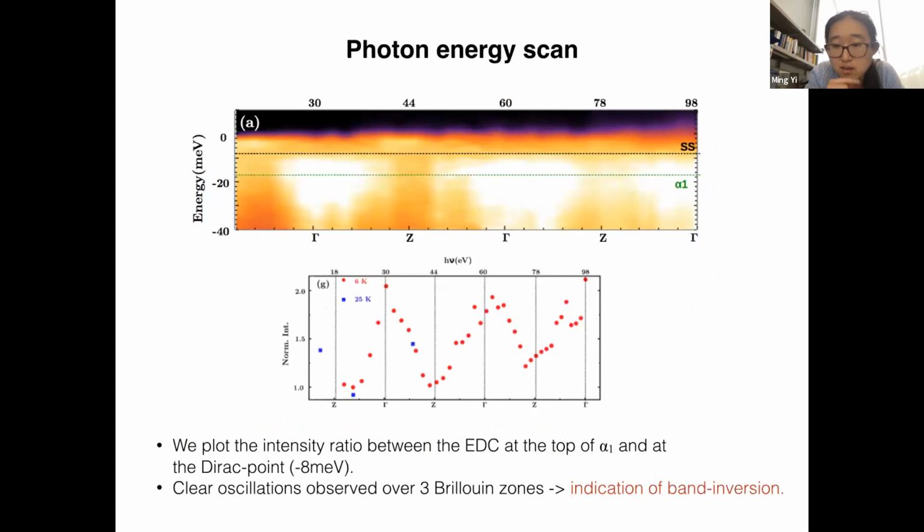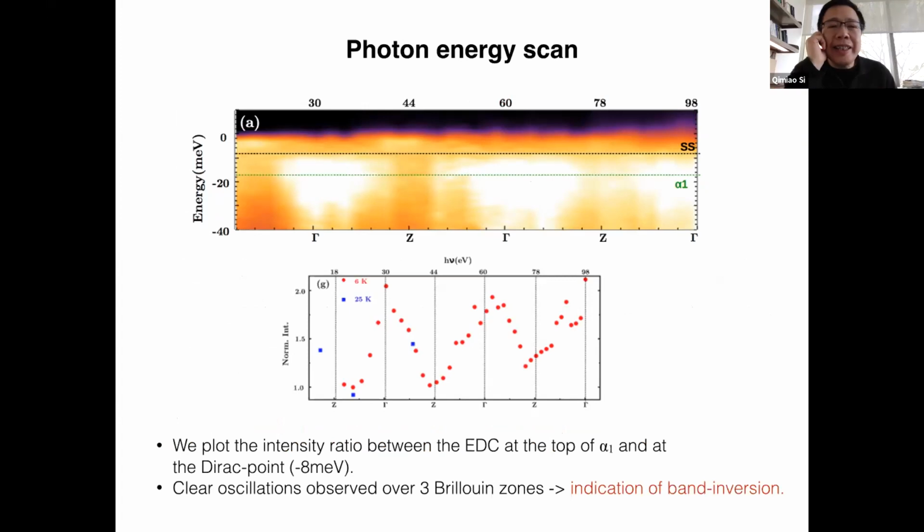Yeah, I think you can see it here, for example. If you look at around 44 eV, it's not zero. There is some background, so I guess also the selection rules are not perfect. But there is a very significant variation in the intensity.